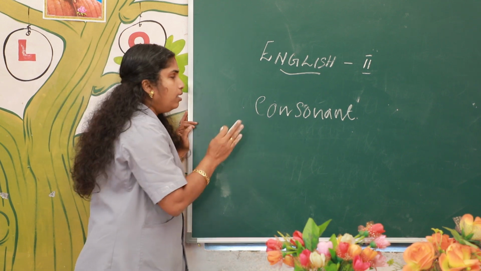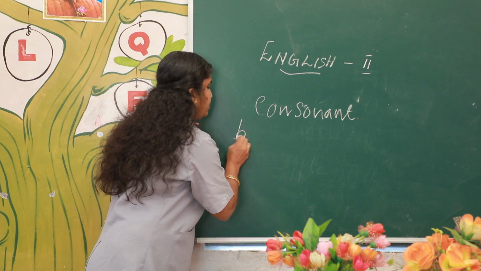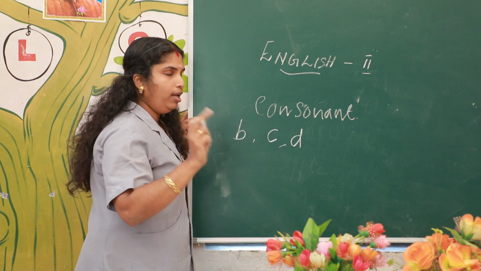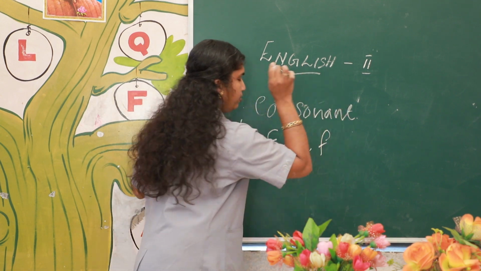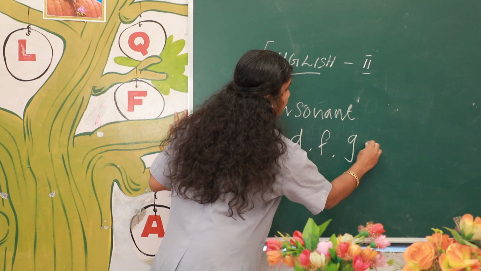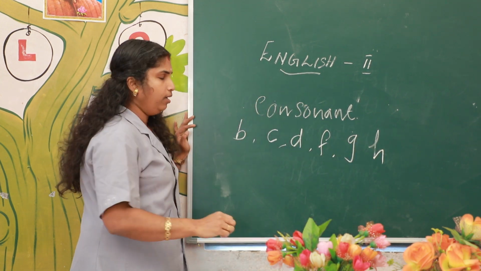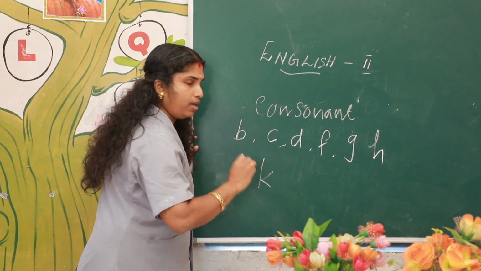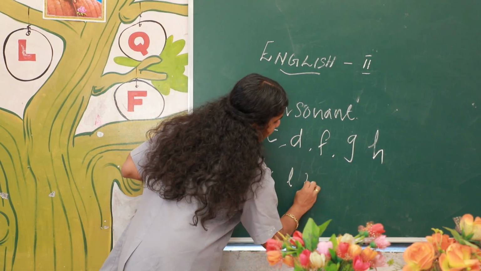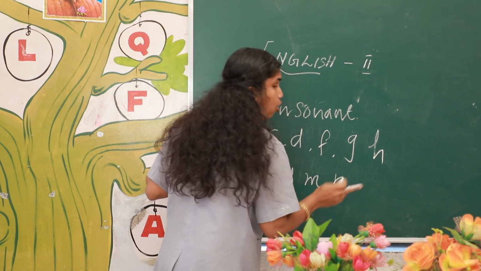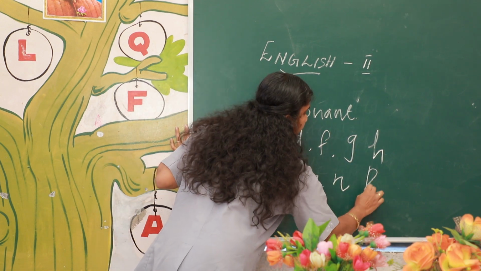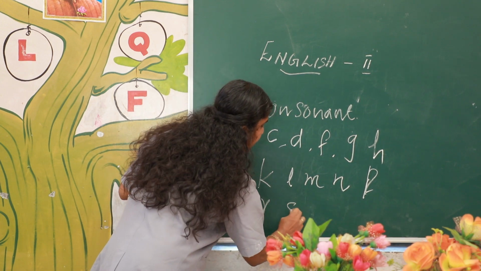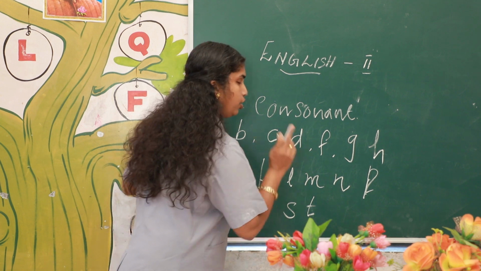A, vowel. B, consonant. C, D. E, vowel. F, G, H. I, vowel. J, K, L, M, N. O, vowel. P, Q, R, S, T. U, vowel.